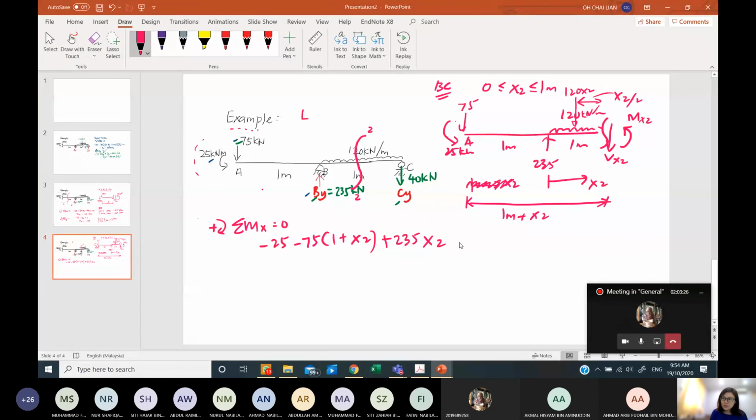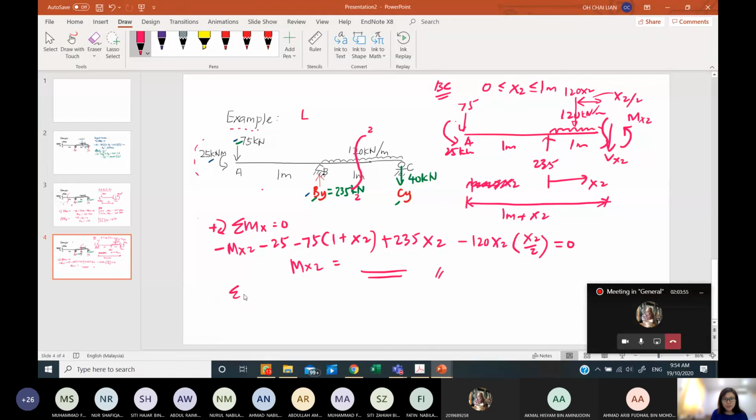So it will also be negative 120 x2 is the loading, and the distance is x2 divided by 2. So this is your moment equation. Oops, missing another one, the Mx2, which is also negative. So now please help me to find what is the Mx2 later, to form this equation.